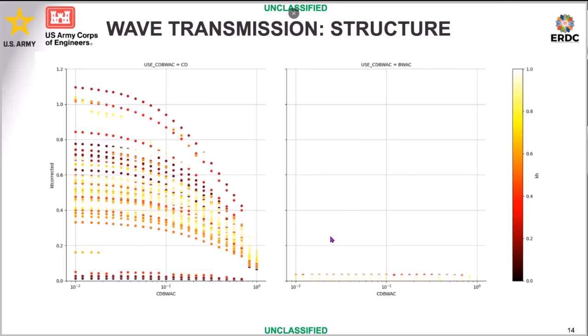Okay, so again, the right plot is kind of our problem child plot for the moment, just because of a last minute BWAC error in processing. But the left plot is particularly interesting for showing the transmission coefficient as a function of CD, the bottom friction, for various hydrodynamics. As of right now, we're still teasing apart what relationships may linger within this plot on the left to see if there's an easier way to predict exactly how the hydrodynamics is going.